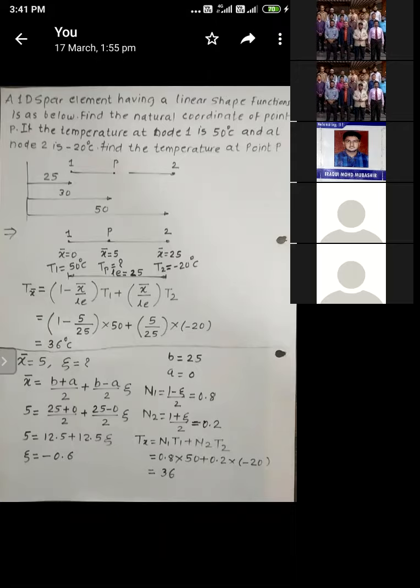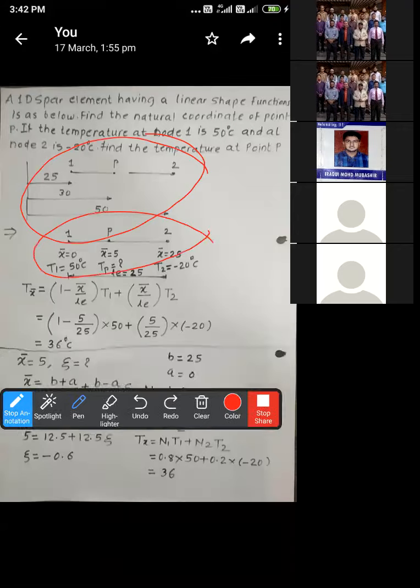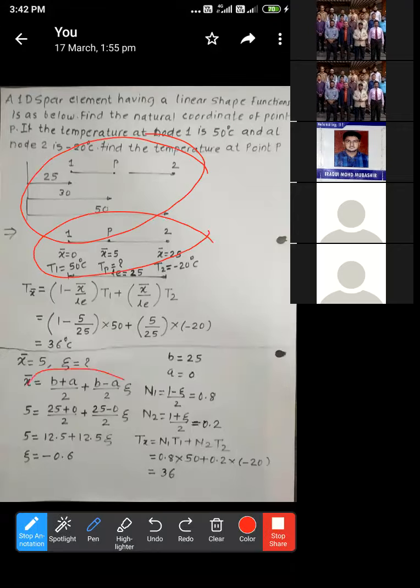So this is global, I think. Yes, the problem was given in global. We converted it into local, and after that we converted it into natural.